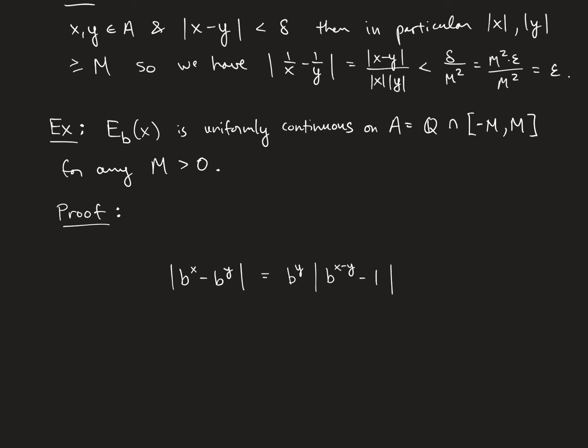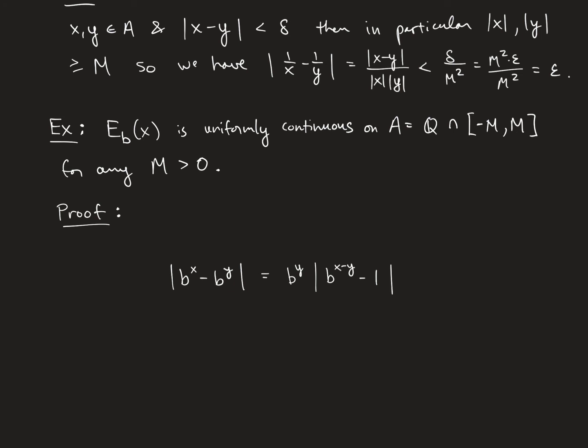And we know by continuity of this exponential function at 0 that as long as x minus y is small, we can make this thing small. So we just need to get control over this b to the y, which is variable. But you see, y is in this interval from negative m to m.